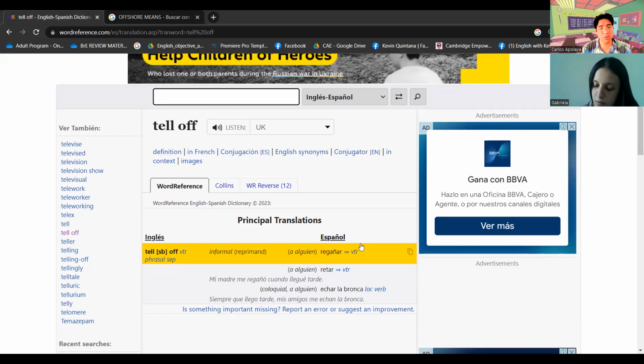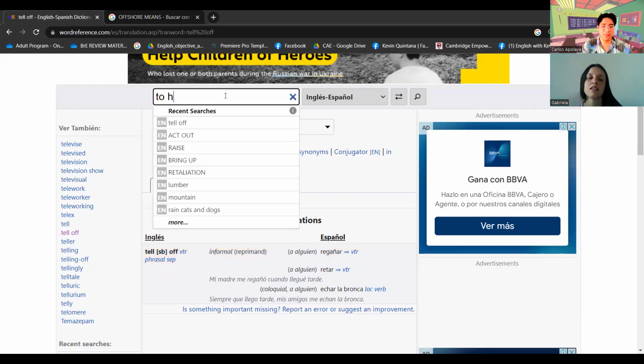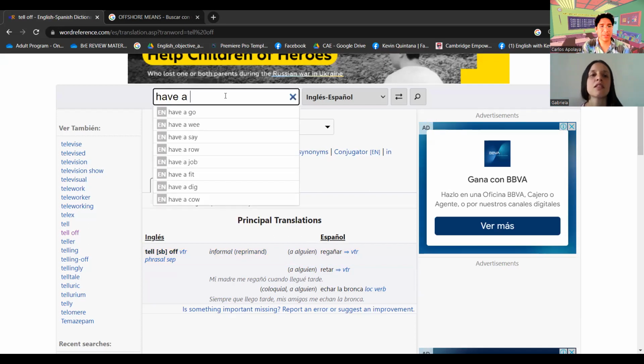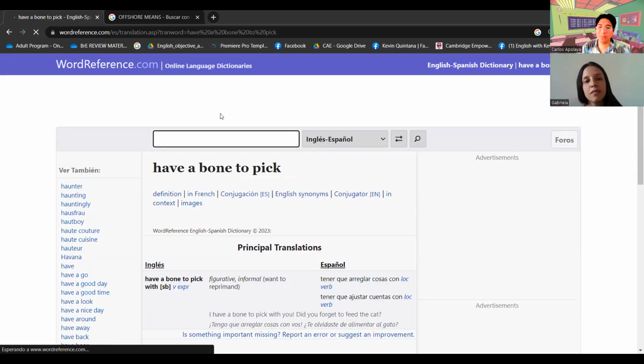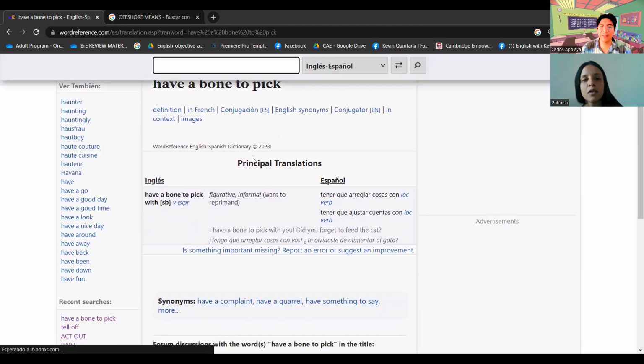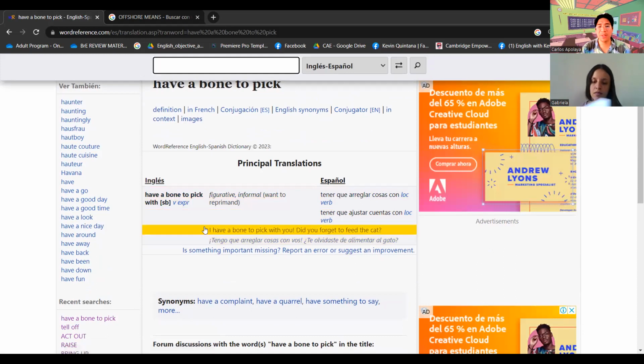¿Ok? O de repente no quieres aplicar un poquito de jerga. ¿Te acuerdas cuál era la jerga o el slang para regañar a alguien? To have a bone to pick. Have a bone to pick with someone. Significa tener que hablar con alguien para llamarle la atención, ¿no?